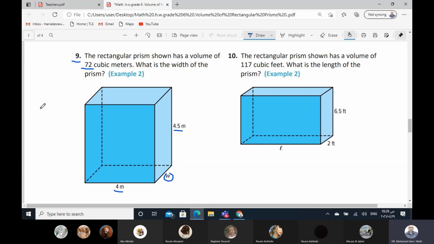So start from the formula: volume equals length times width times height.